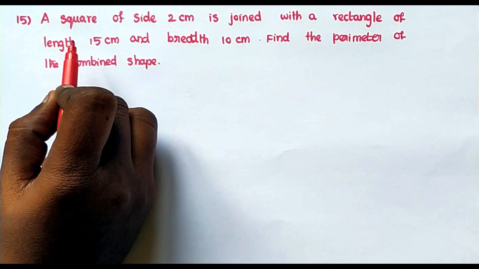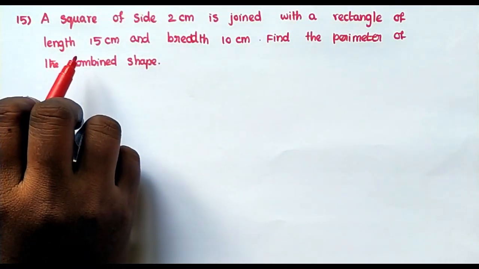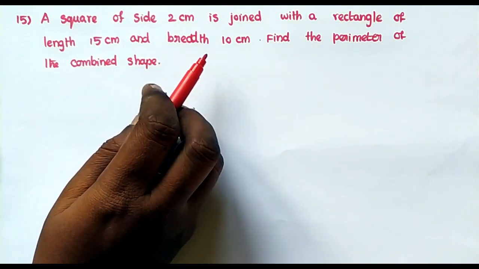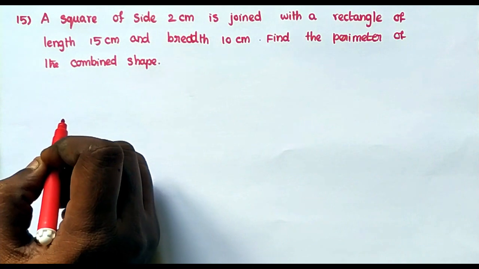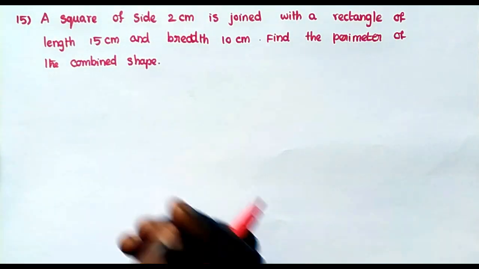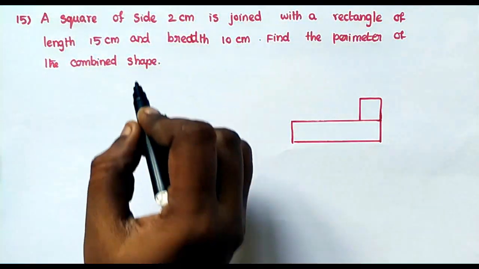Fifteenth sum. The square of side 2 cm is joined with a rectangle of length 15 cm and breadth 10 cm. Find the perimeter of the combined shape. Draw the diagram first. The figure is like that. Listen.